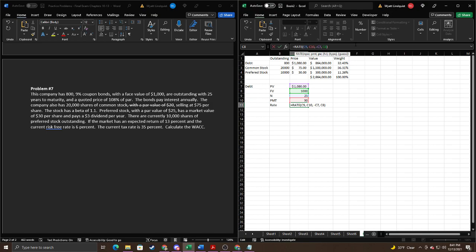However, you can do this in reverse and make the payment and the future values negative if that's more intuitive to you. But for me, I prefer just having the present value negative. And that's going to give us a rate of 8% for debt.